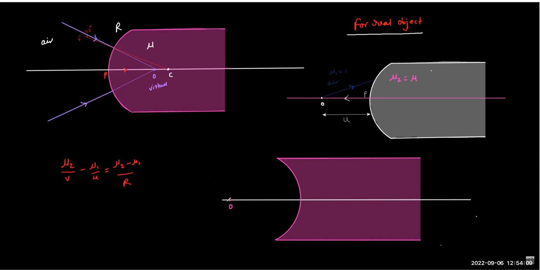If the object is on this side, again U is negative only. Here also U will be negative only. Correct. What about the R?